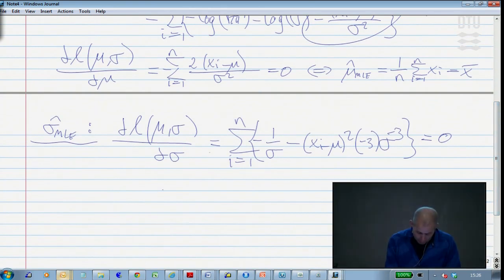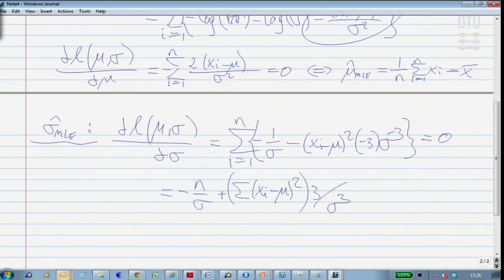Let us try to do it a bit step by step. We take the first thing here. That becomes minus n over sigma. What about the second step? We have a minus and a minus. So that becomes a plus. We have the sum of xi minus mu squared times, let's say, 3 over sigma to the third, if we go like this.